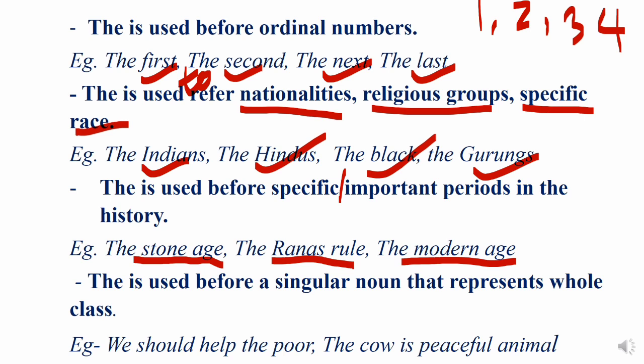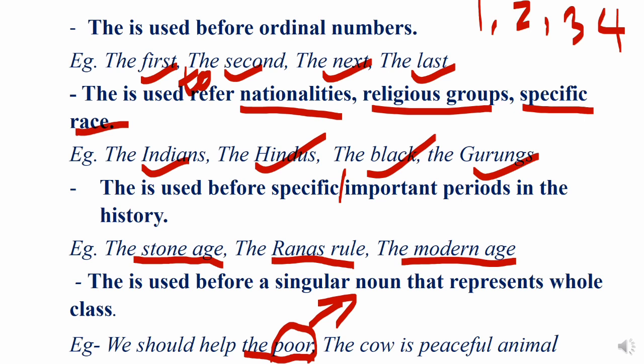Okay, the next rule is here. The is used before a singular noun that represents a whole class. Here we should help the poor. Here I am not talking about one single particular poor person. I am talking about the whole class of poor people.